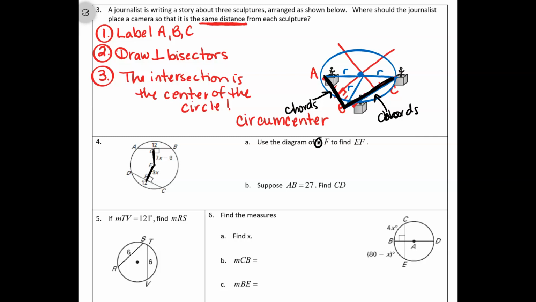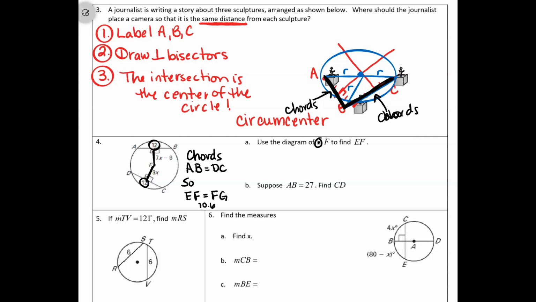Well, if you look right here, this is a 12 and this is a 12, okay? So therefore, chords AB is equal to DC. So they are equal. So we know that EF is going to equal FG by theorem 10.6.